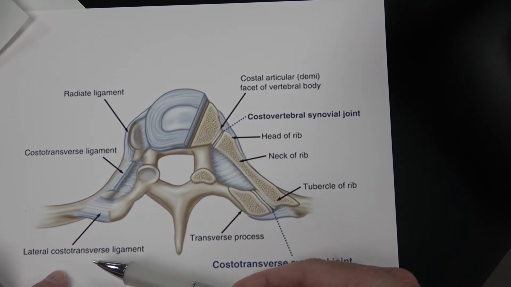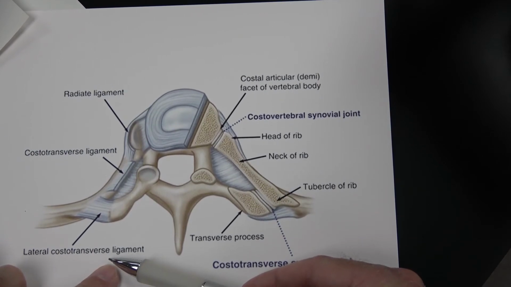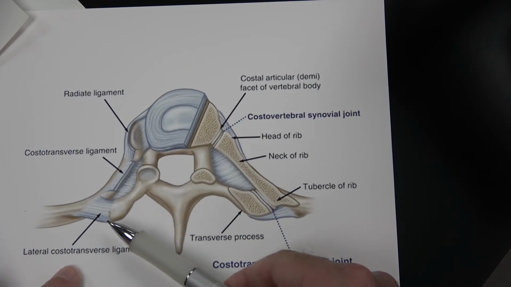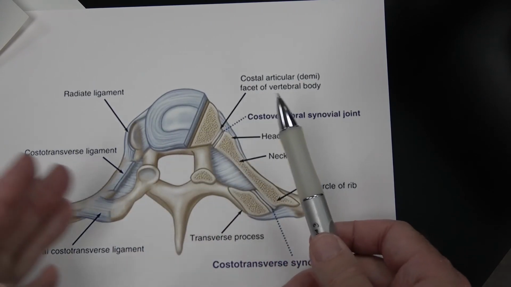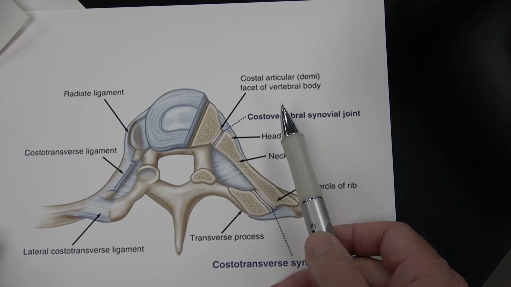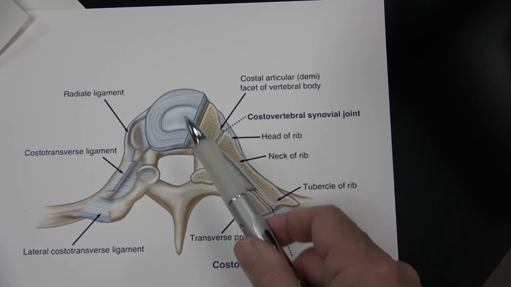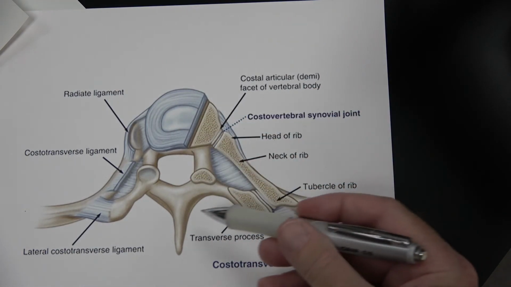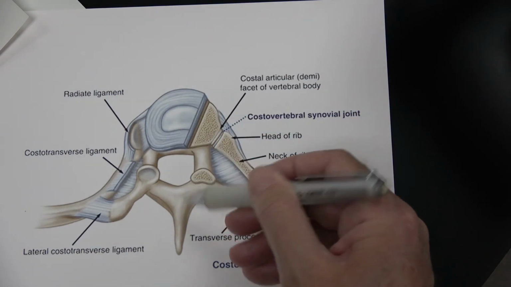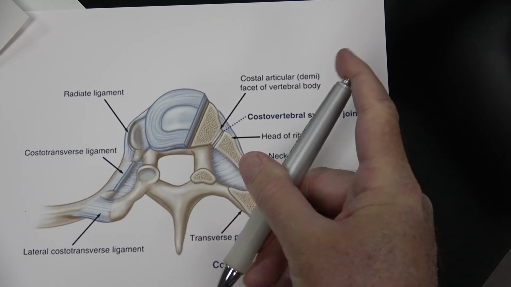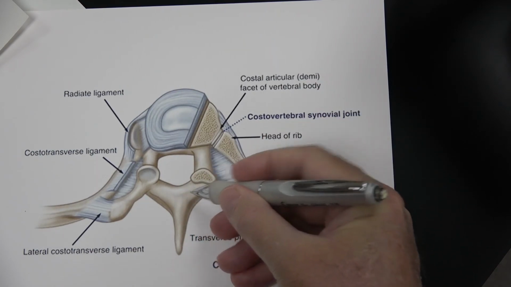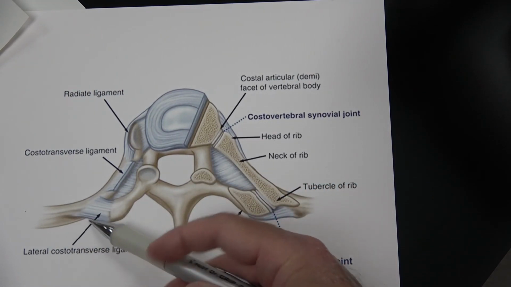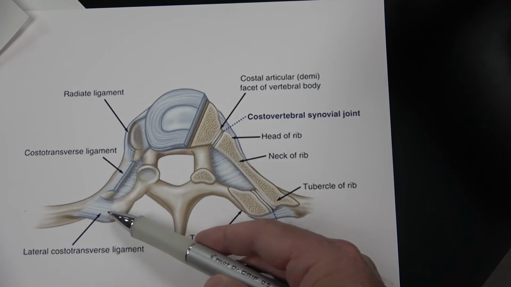Now the lateral costal transverse ligament and the no-name costal transverse ligament only run within the same motion segment, or between one vertebra. So if this is an overhead view, let's say this is T7. I can't write, my pencil's broken. But if this is T7, this is also the T7 rib, because these two are joined together.